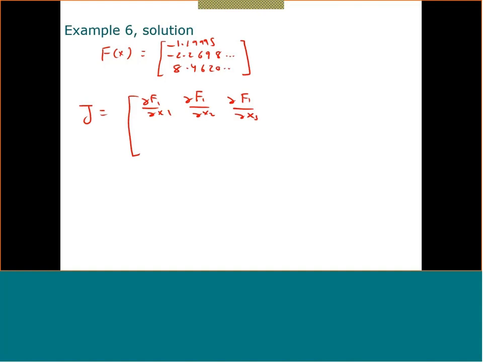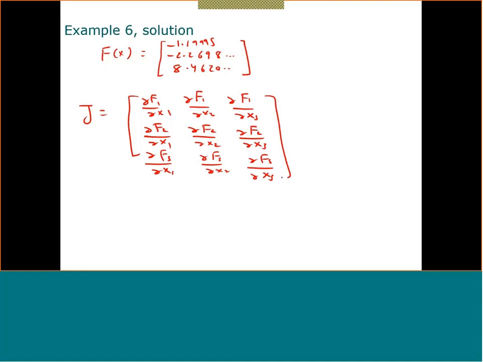Then the partial derivatives of f2 with respect to x1, x2, and x3. Finally, the partial derivatives of f3 with respect to x1, x2, and x3. Okay? So this is the matrix, and then I will use the initial guess to find the values, because this has to be numbers.